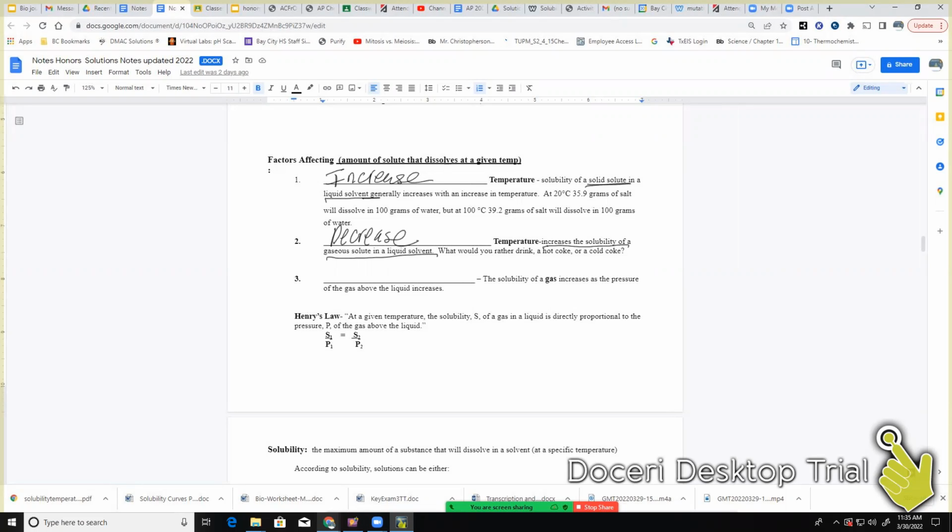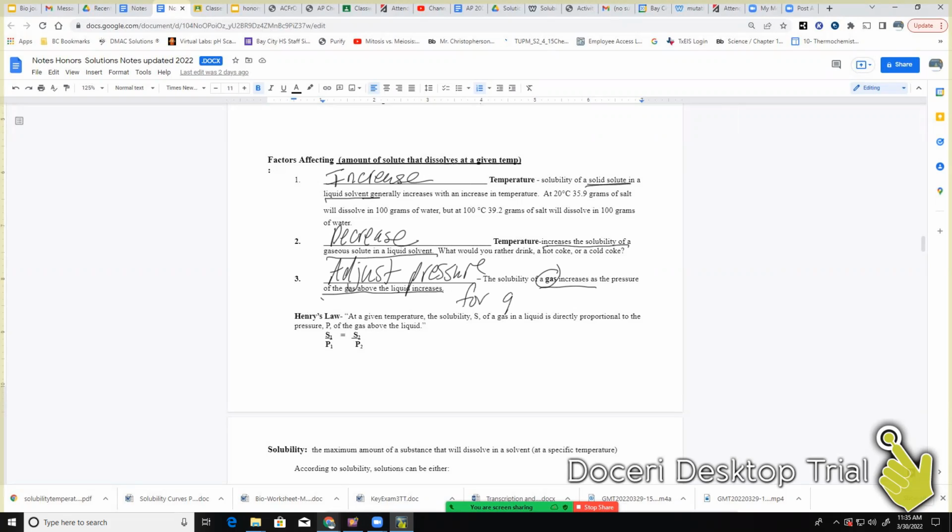And then the other thing that we can adjust would be pressure. So the solubility of a gas increases as the pressure above the liquid solution increases. So that's just if we're going to have a gas as a solute. If I have a liquid or a solid, then the pressure is not going to change that.